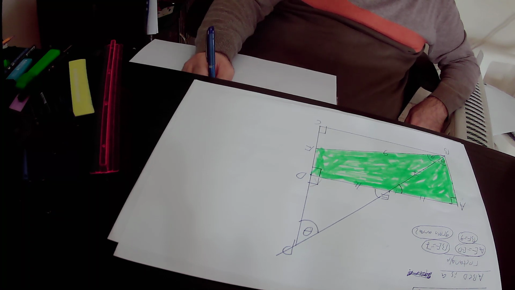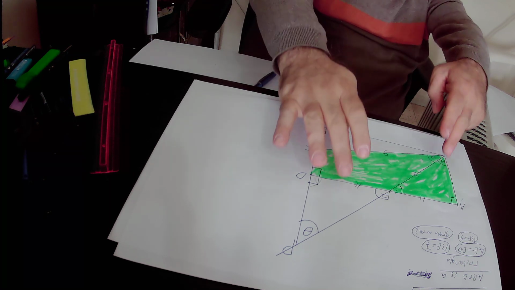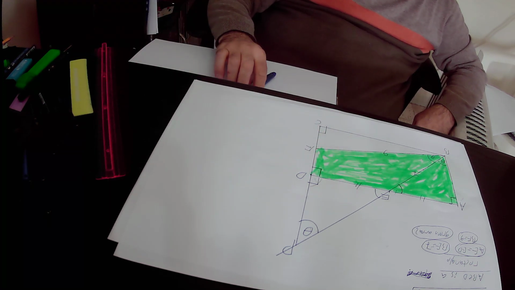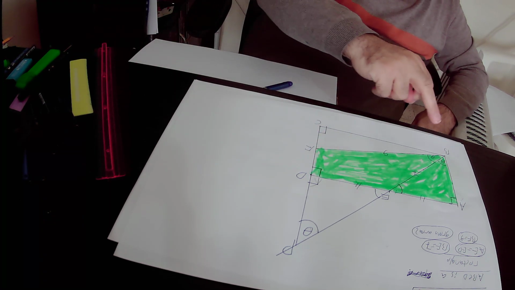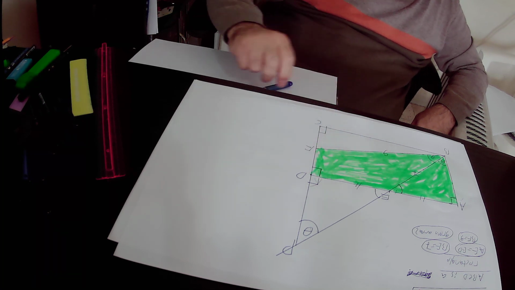And from the fact that those two triangles are congruent to each other, we will conclude that BE equals EP.